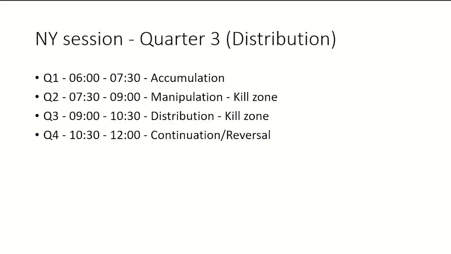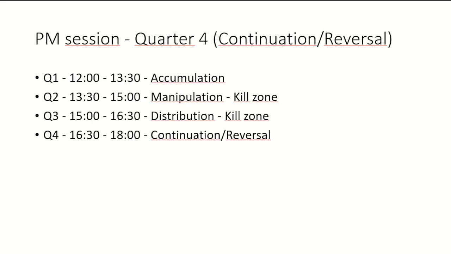New York session AM, quarter 3, distribution. Q1 is 6 a.m. to 7:30, accumulation. Q2 is 7:30 to 9, manipulation, kill zone. Q3 is 9 to 10:30, distribution, kill zone. Q4 is 10:30 to 12, continuation or reversal.